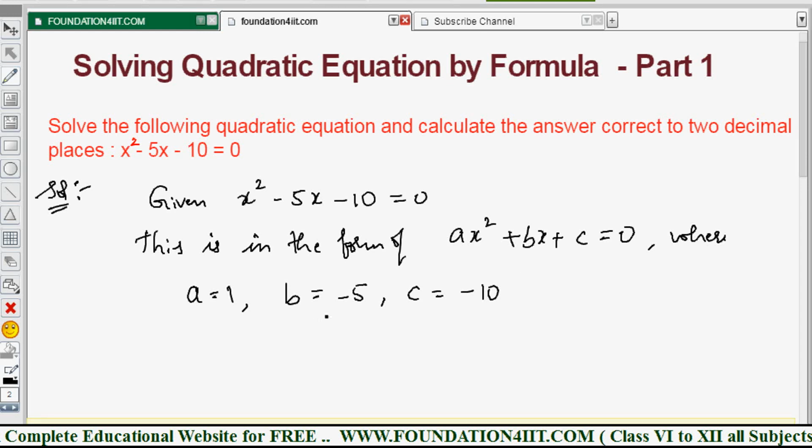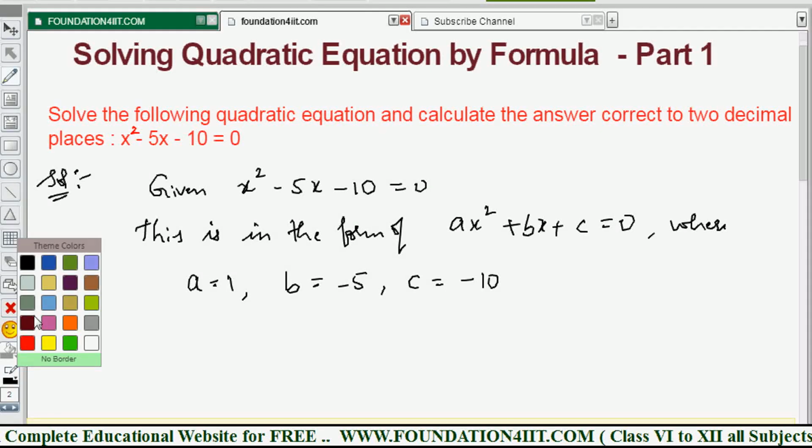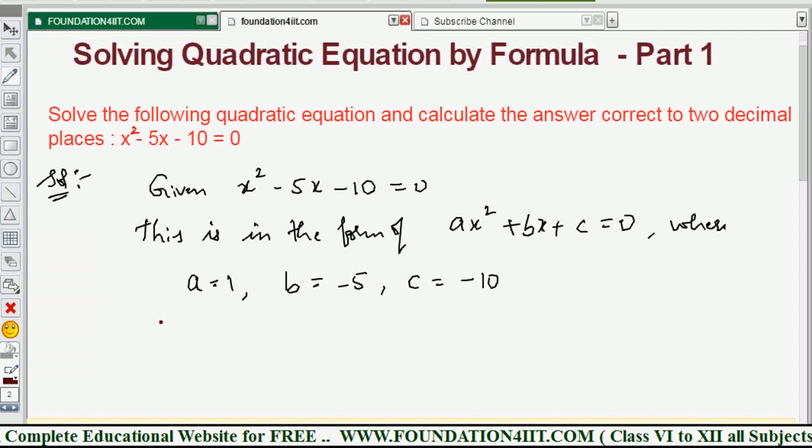So we can take all these values. Now these values we will apply in the formula, right? We know the formula: x is equal to minus b plus or minus under root b square minus 4ac, whole divided by 2a. So we'll apply in this and find out the value.